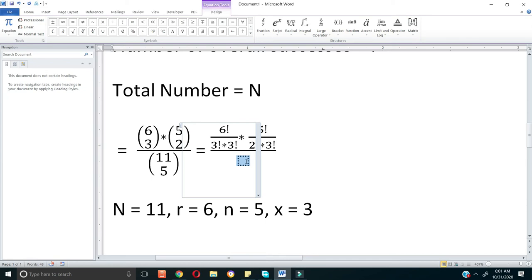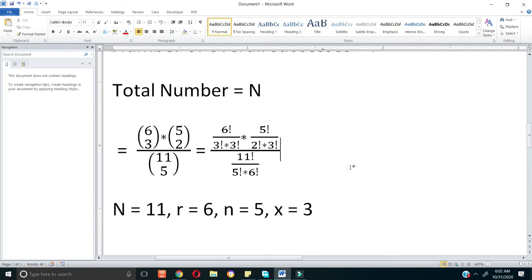So the denominator is going to be another fraction, 11 factorial over 5 factorial times 11 minus 5 factorial, which is 6 factorial. So you work this out. 6 factorial over 3 factorial times 3 factorial is 6 by 5 by 4 over 3 factorial.